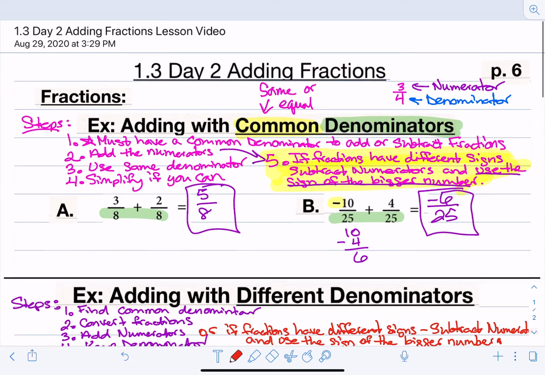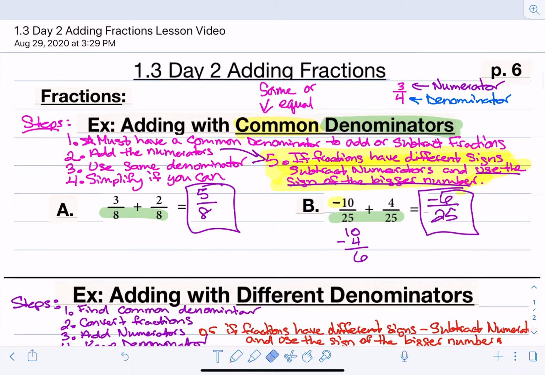So maybe instead of saying step 5, I should do this as "or", right? Or then you do this. Okay.